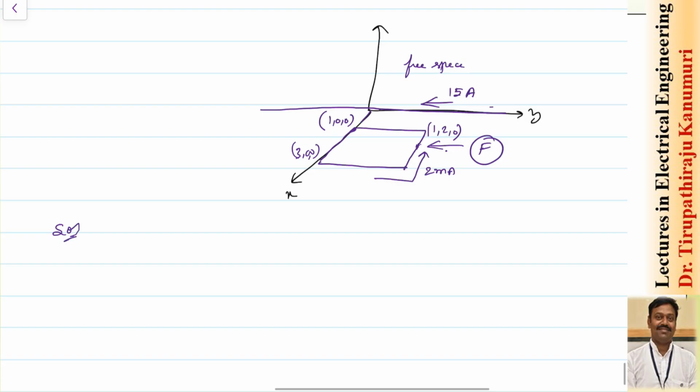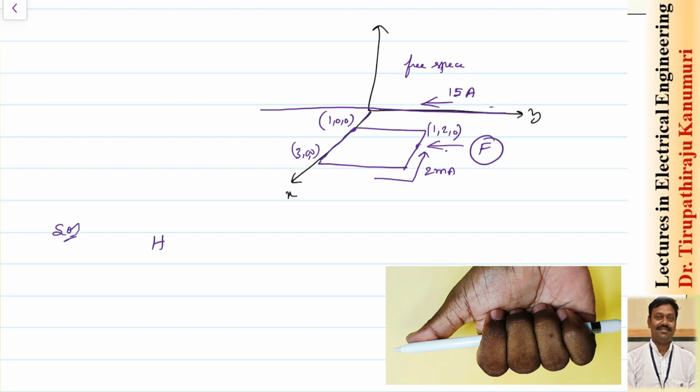To calculate the force produced, let us see what is the field intensity due to this long current carrying conductor. We have already derived this in our previous lecture. This will be equal to I by 2 pi x in the direction of Az. How to find the direction of H?